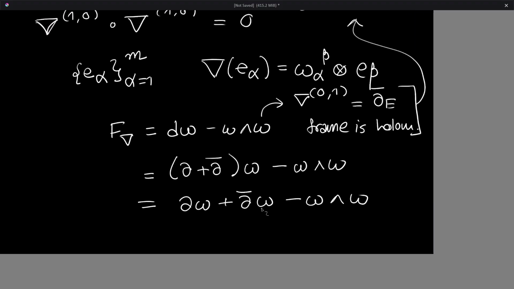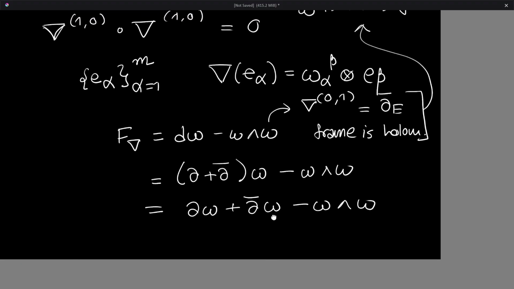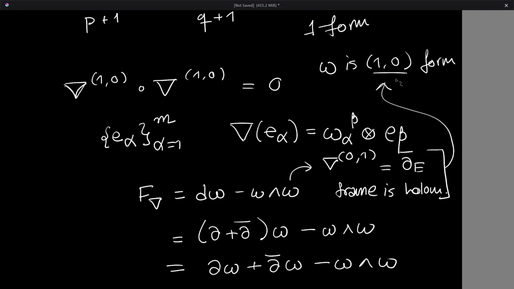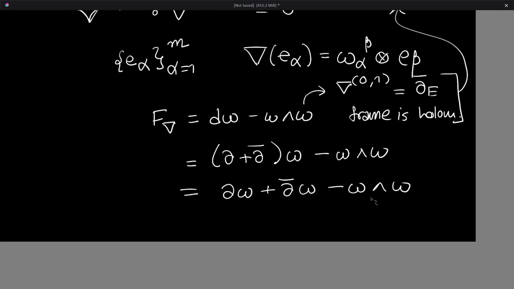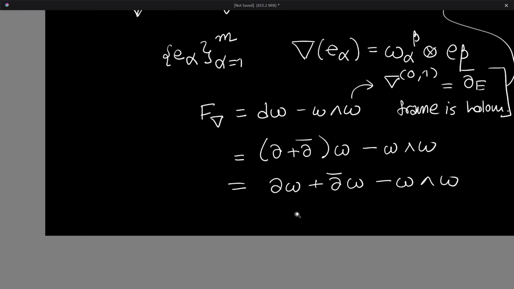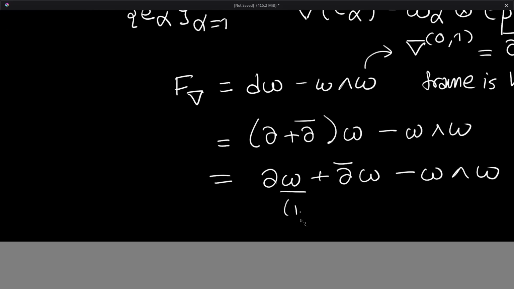Now that we know that omega is a 1-0 form, we can deduce what kind of forms these are. If this is 1-0 and this increases the first grade by 1, then this is the 2-0 form, because the Dolbeault operator will increase the p grade, or the holomorphic grade, by 1.